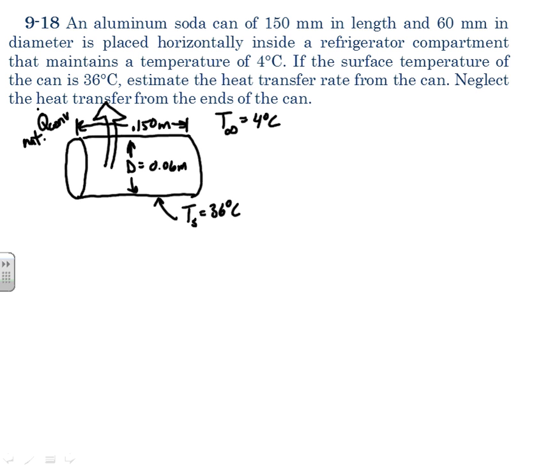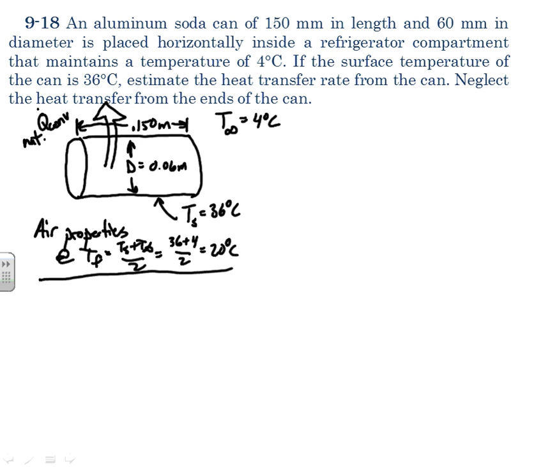So when we do a natural convection problem, we need to have the properties of the fluid. In this case, it's air around the soda can, right? So the air properties we need to evaluate at the film temperature, which is Ts plus T infinity over 2. So that's 36 plus 4 over 2, or 20 degrees C. Okay? So we go to the back of the book, and we find that the thermal conductivity is 0.02514 watts per meter Kelvin.